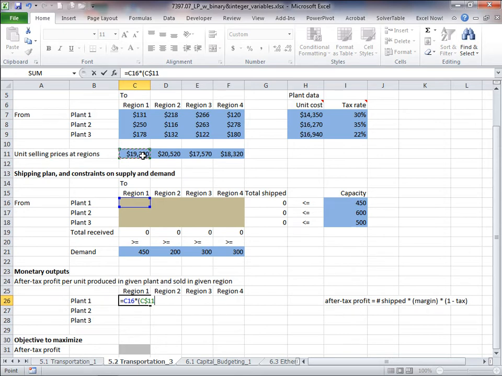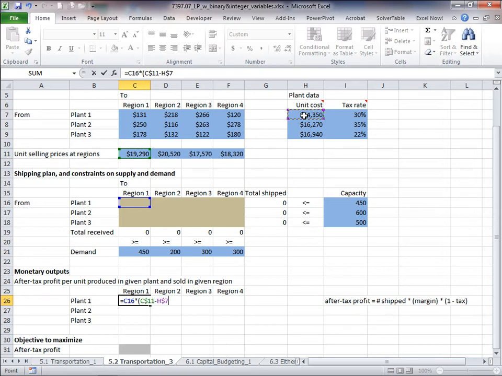All right. So how do I calculate the margin? Where there's the sales price minus the production cost. Okay, so now I want to fix the column, right? I don't want to change the column as I go across.